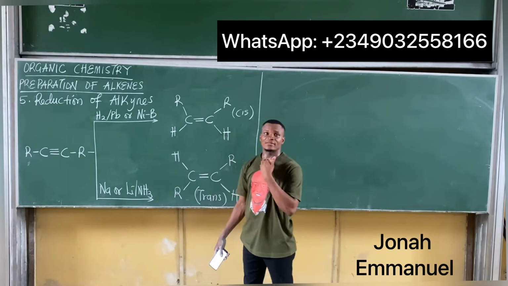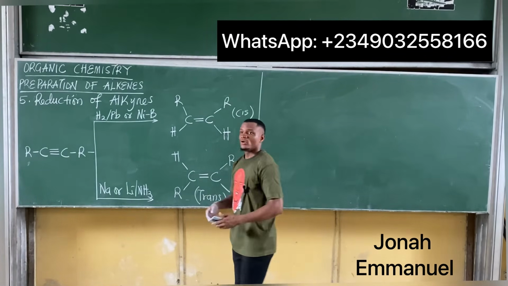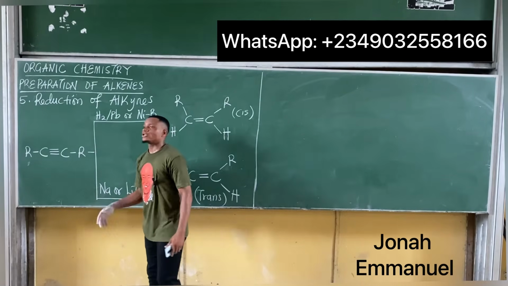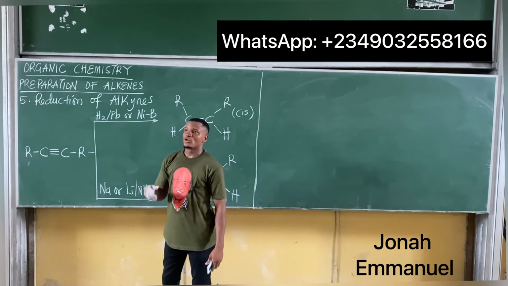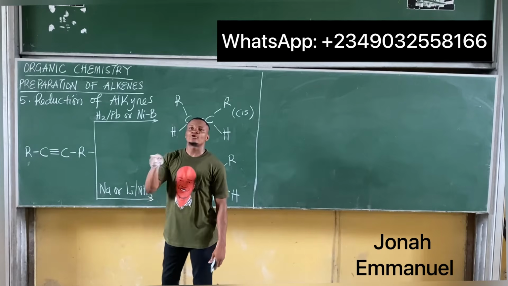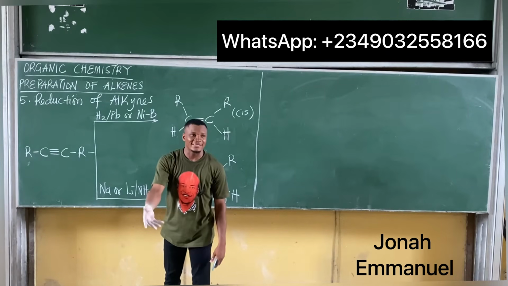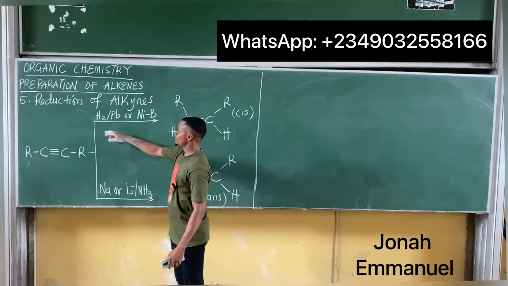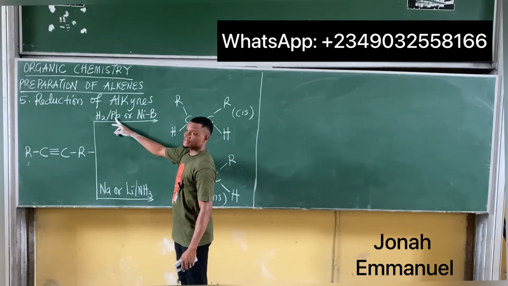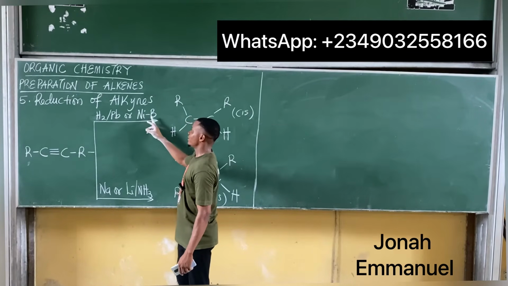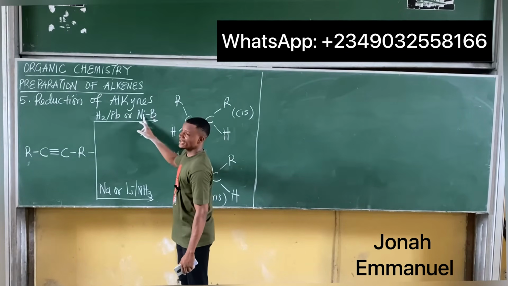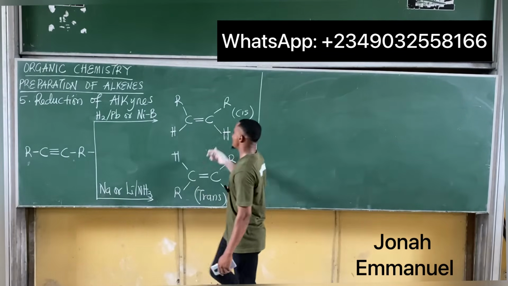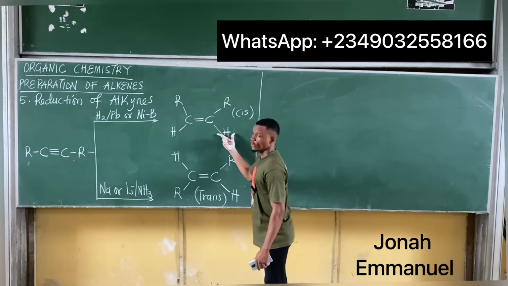So here's what it means, please. There are two possible methods of reducing alkynes. Your result is a product of your reactant. If I'm reducing an alkyne using hydrogen with lead or nickel boron, I will have a cis structure of the alkene.